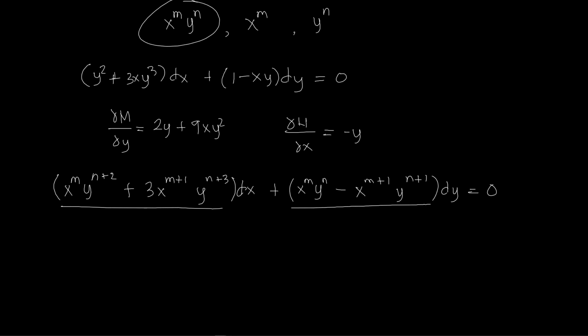Okay, partial derivative of m with respect to y. Bring down the exponent: n plus 2. Then x to the m, don't touch it; only y is touched. Y raised to the power of, minus 1, so n plus 1.